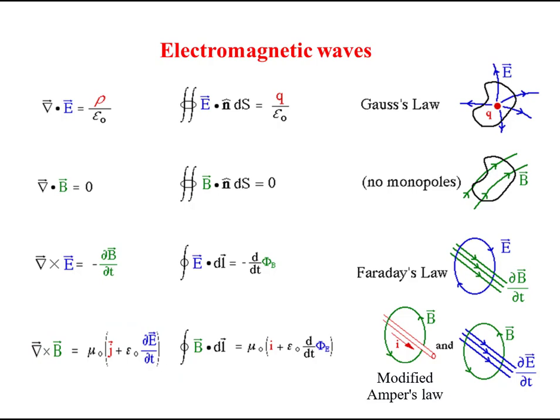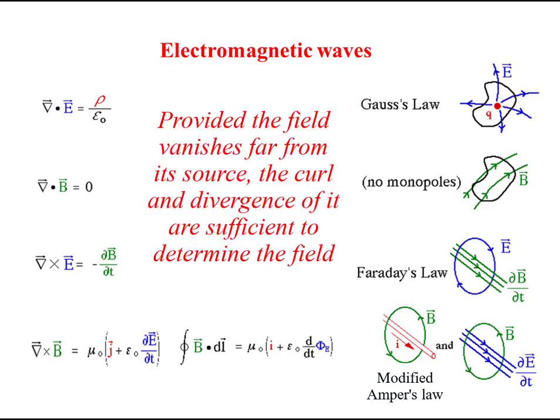These Maxwell's equations are very important, as Helmholtz's theorem says that, provided a field vanishes very far from its source, the curl and divergence of it are sufficient to determine the field at any point in question. And Maxwell's equations are nothing but the divergence and curl of the electric field and magnetic field.